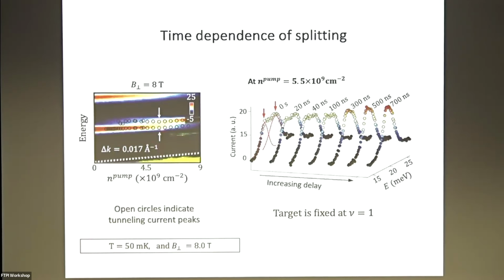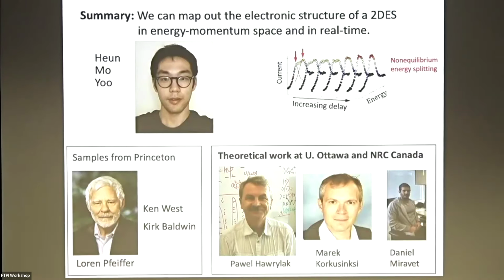And so you undergo this transition from tunneling into the ground state of the spectrum of the 2D system to tunneling into this funny non-equilibrium state, which over time relaxes into skyrmions. So these are the people involved in this work.